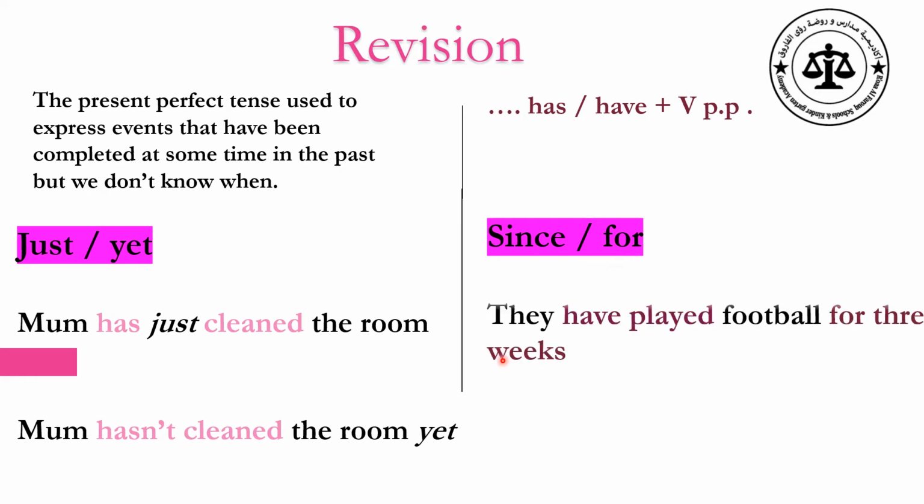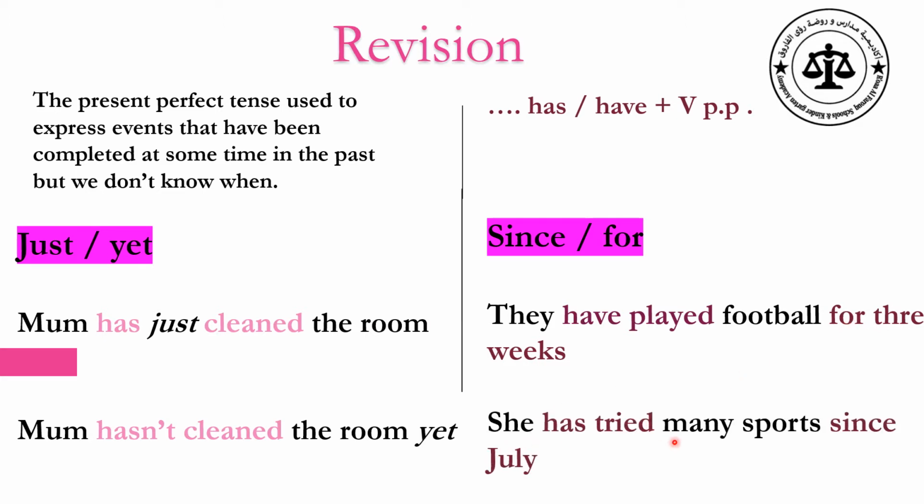Examples: they have played football for 3 weeks. 3 weeks indicates, excellent, a period of time of the action, so we use for. But in the second example, she has tried many sports since July. July is the starting point of this action, so we use since.